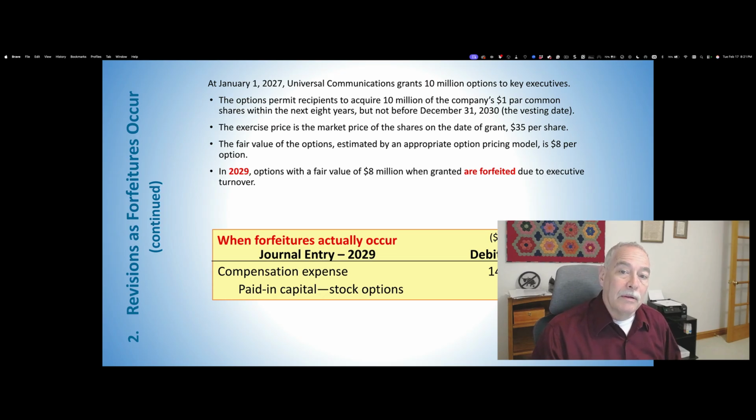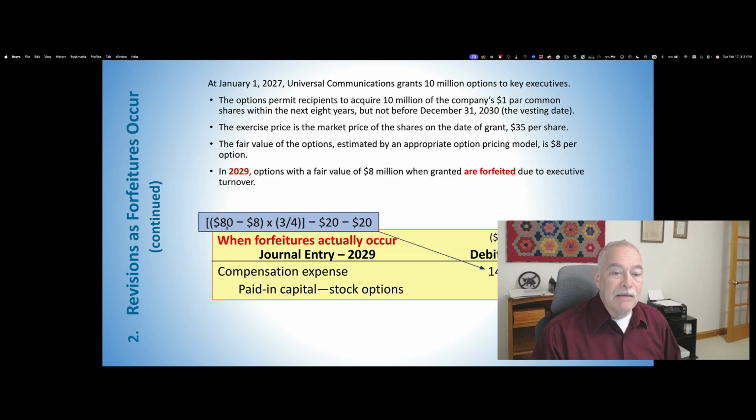I'm sorry, we now have total compensation of 80 million minus 8, or 72 million. If we are 3/4 of the way down that route, it should total up to 54 million.